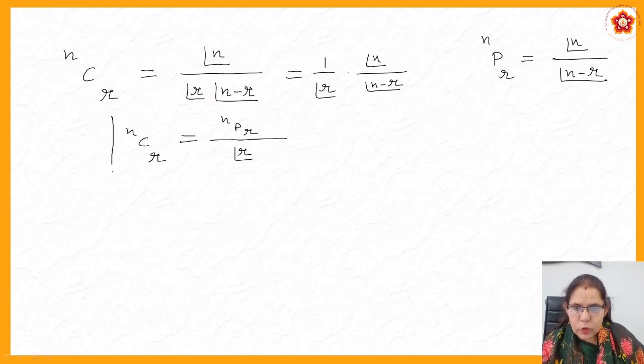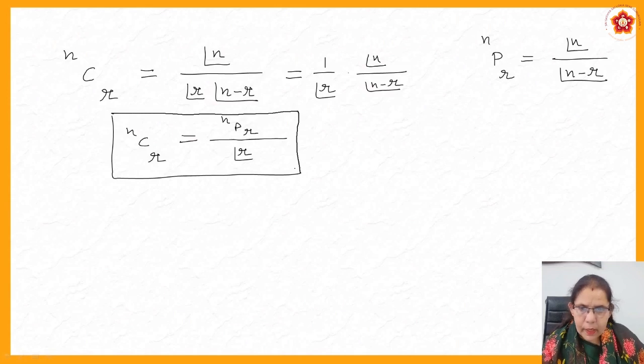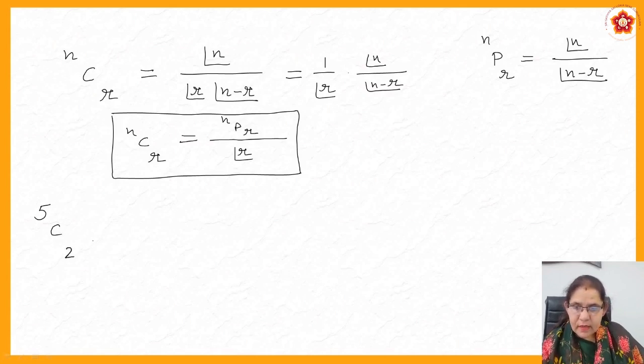This is also the formula for combination. If it is 5C2, one way is you can write 5P2 upon factorial 2.